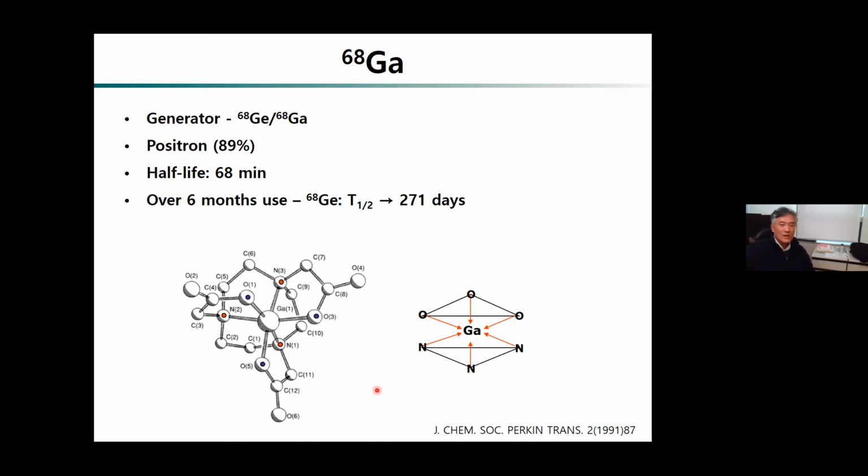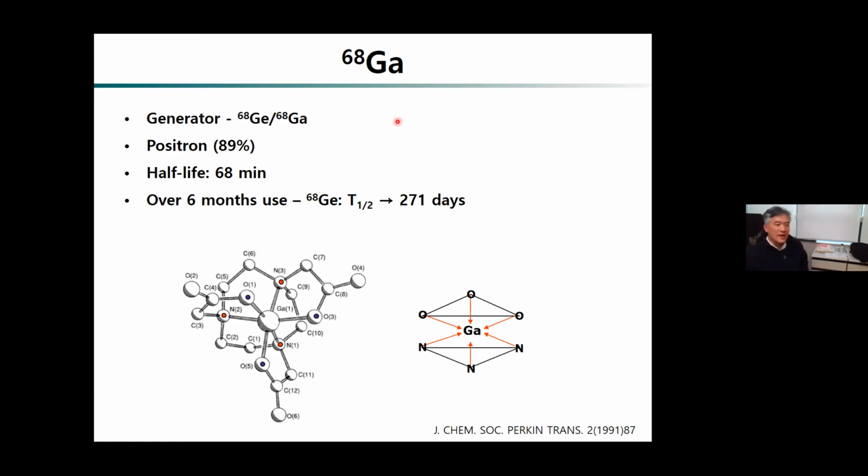So nowadays we use gallium-68 as an imaging agent for theranostics matched with lutetium-177 or yttrium-90, especially for neuroendocrine tumors. And we also developed a gallium-68 labeled PSMA targeting agent that can be matched with the lutetium-177 labeled PSMA targeting agent.